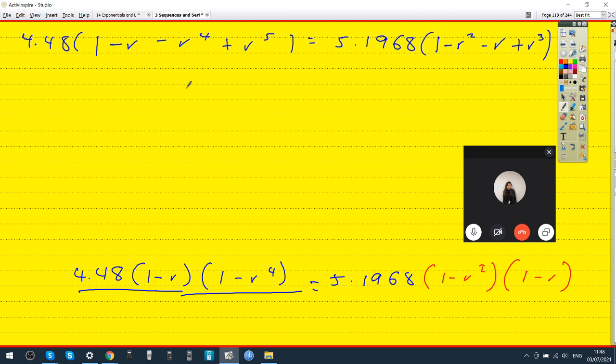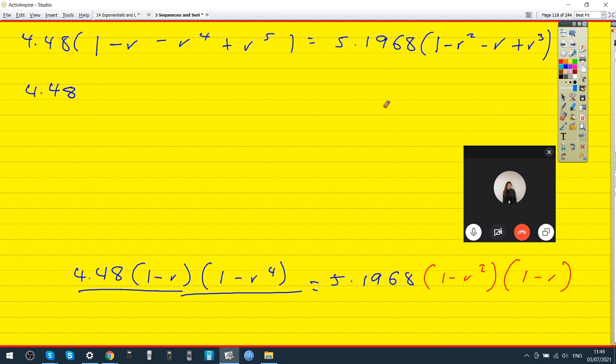Hold on. And then you can simplify, right? How? Oh no, I don't think you can. I'd expand. So you get 4.48 minus 4.48r minus 4.48r to the 4 plus 4.48r to the 5.